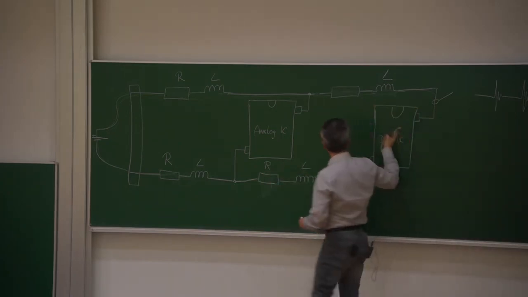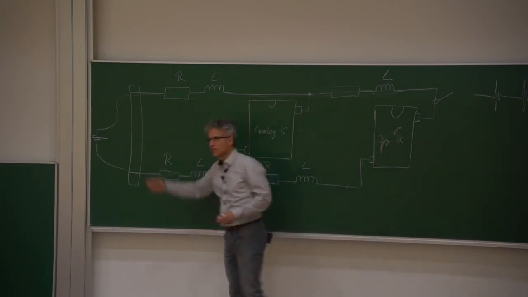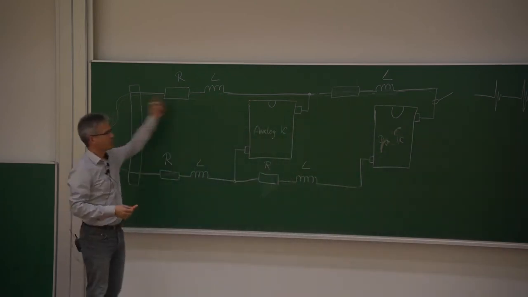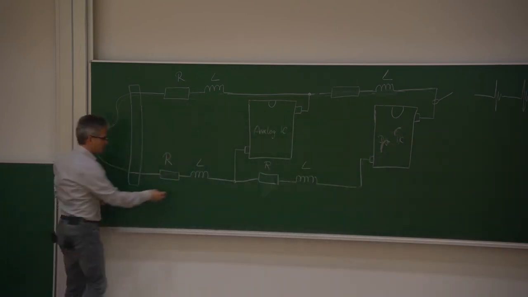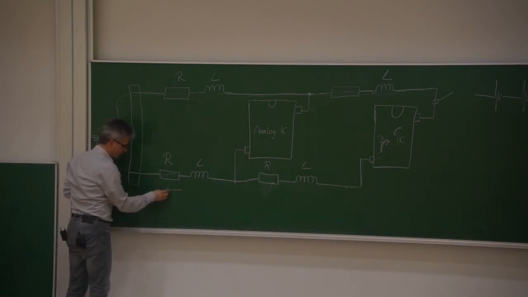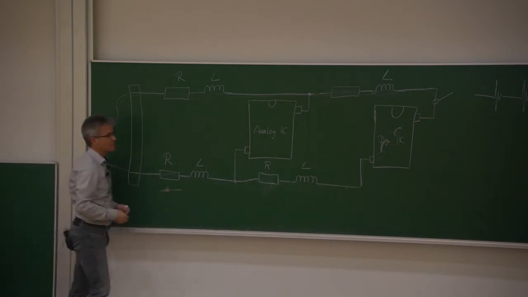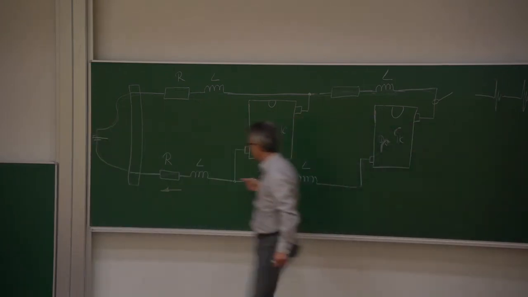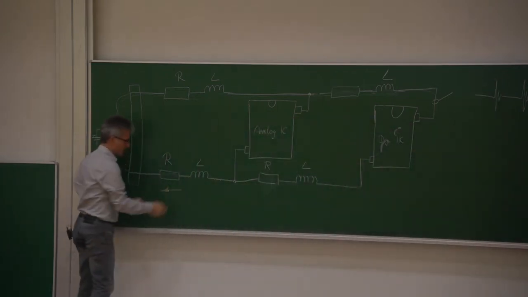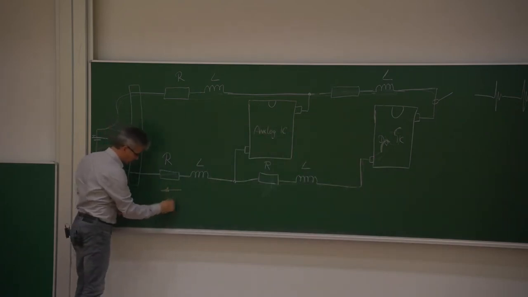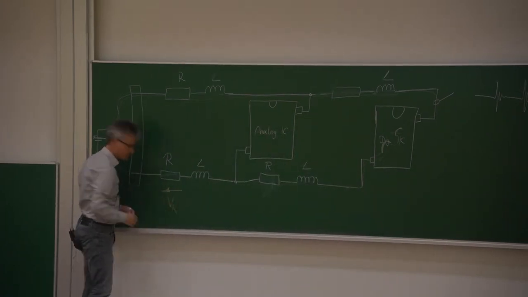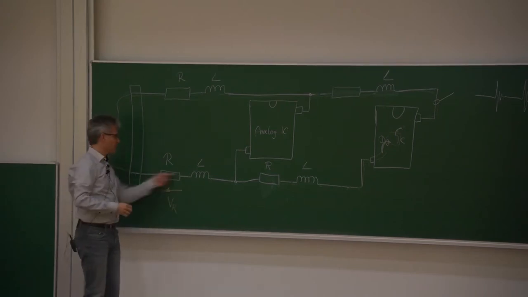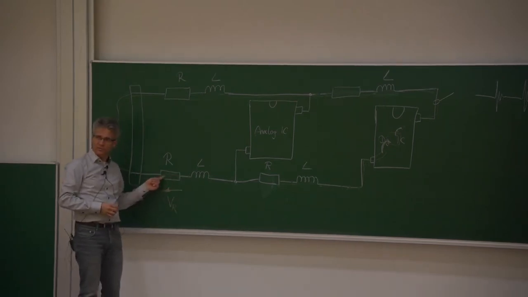And what does the current do if it's flowing along the ground path? Same for the VDD path. It causes a voltage drop. So every time the current rises here, the current flows also here, generating a voltage drop. Okay, it's not that critical because the resistance is not big.